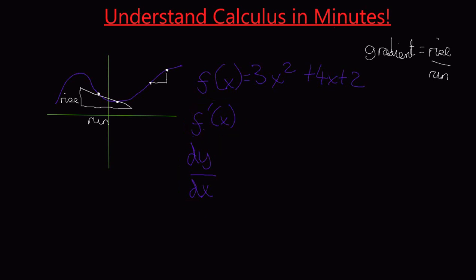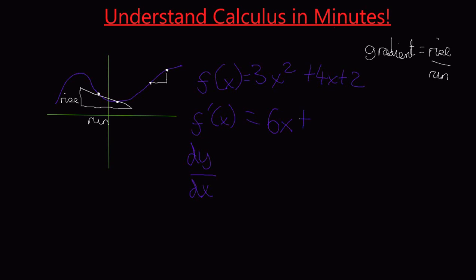If we say the rule for finding the slope, the gradient of this function, is given by this, 6x. What we've done is we've multiplied this 2 by this 3, and then we've reduced this exponent by 1. So this is 6x to the 1, but we'll miss it out because it's not necessary.